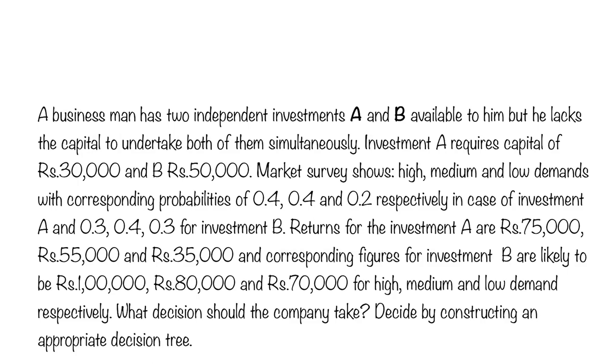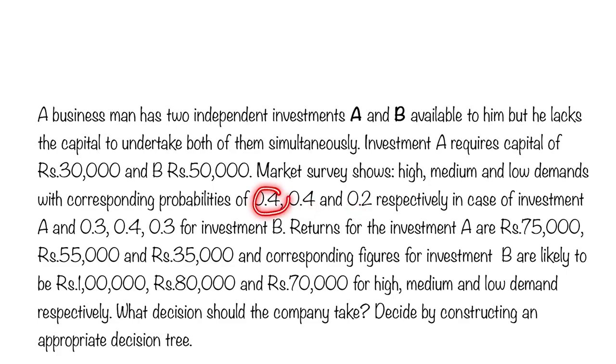So now I read the question. A businessman has 2 independent investments, A and B, right? But he lacks the capital to undertake both of them simultaneously. Investment A requires capital of 30,000 and B 50,000. Market survey shows high, medium and low demands with the corresponding probabilities 0.4, 0.4 and 0.2.